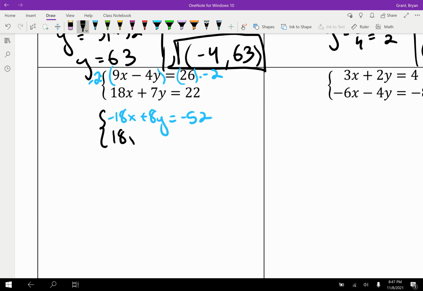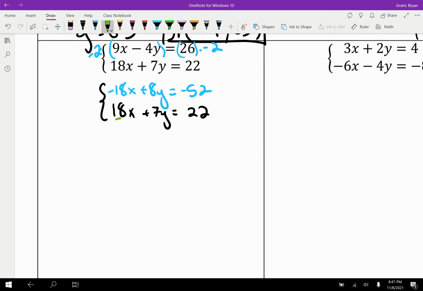On the bottom, 18x plus 7y equals 22. And then we're back to normal elimination because at this point, my x's will eliminate or cancel. 8 plus 7 makes 15y's, and negative 52 plus 22 is negative 30.